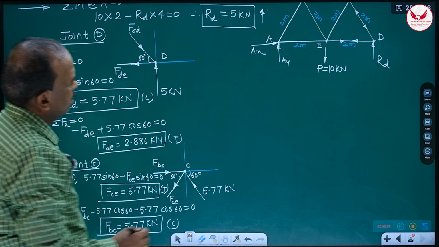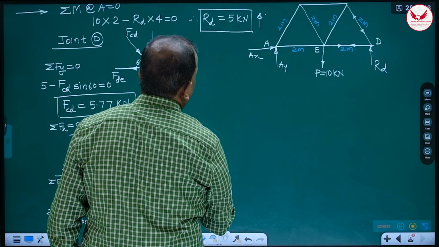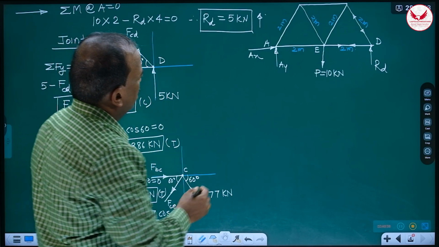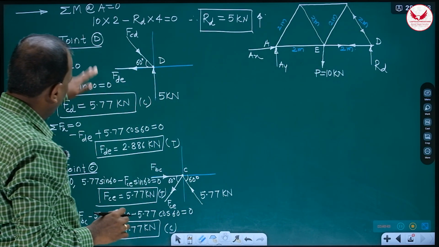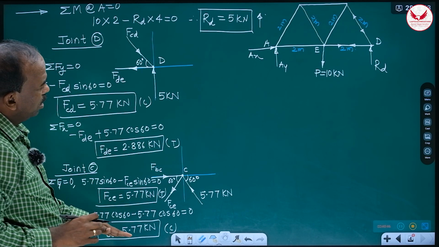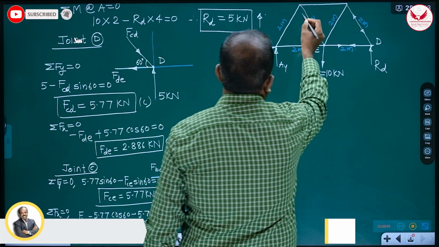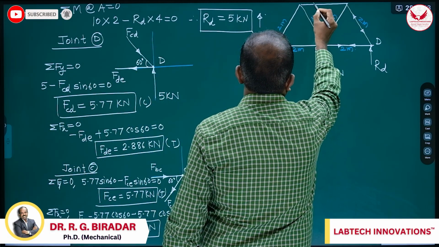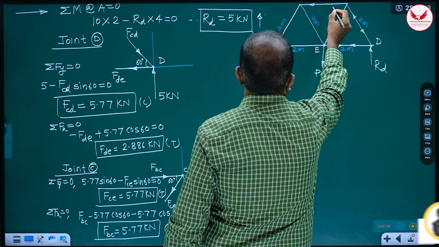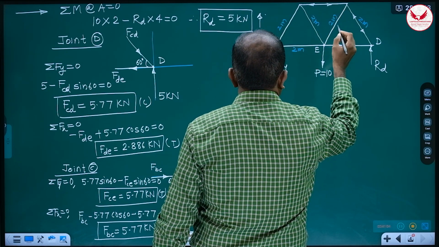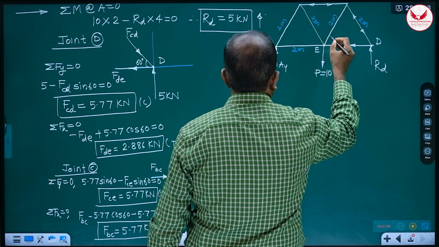Means out of how many members? Out of 1, 2, 3, 4, 5, 6, 7 members, we got the answers of 4 members. 1, 2, 3, 4. And if you see it, FBC is compressive, means it is like this. It is FBC. And FC is tensile.